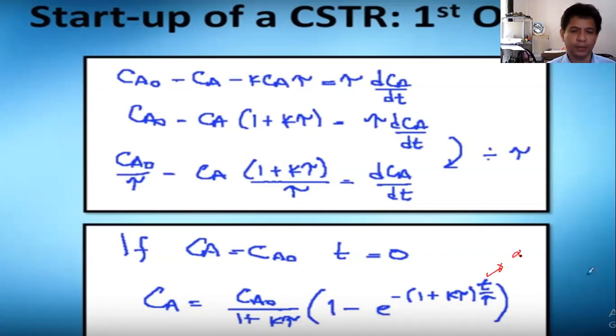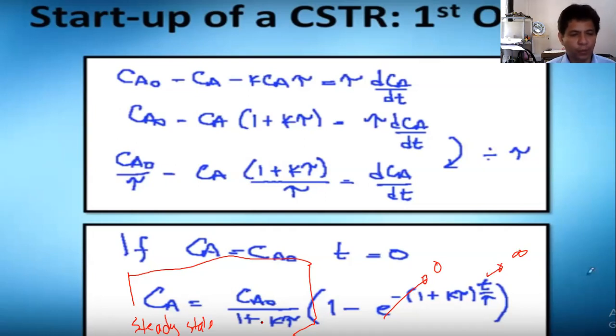When this approaches infinity, CA would become the steady state concentration, and when this becomes 0, CA is equal to CAO over (1 plus K tau).